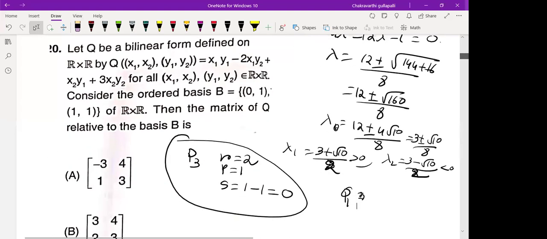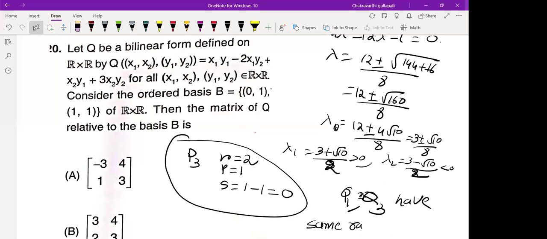So Q1 Q3 have same rank, signature, index. Therefore they are equal. Q2 Q3 not same. Hence equivalent.